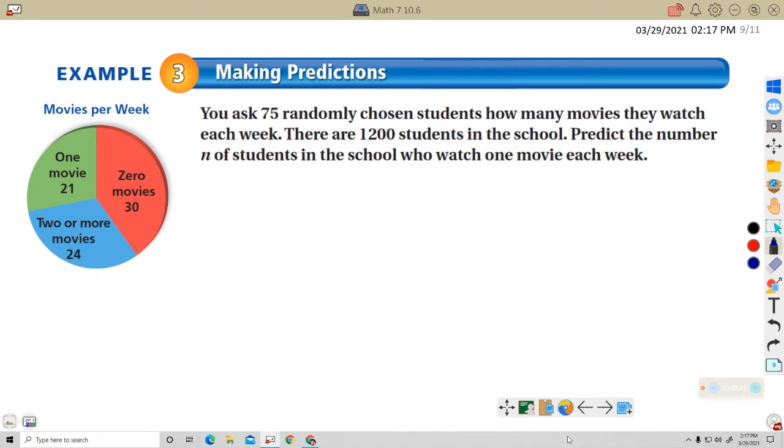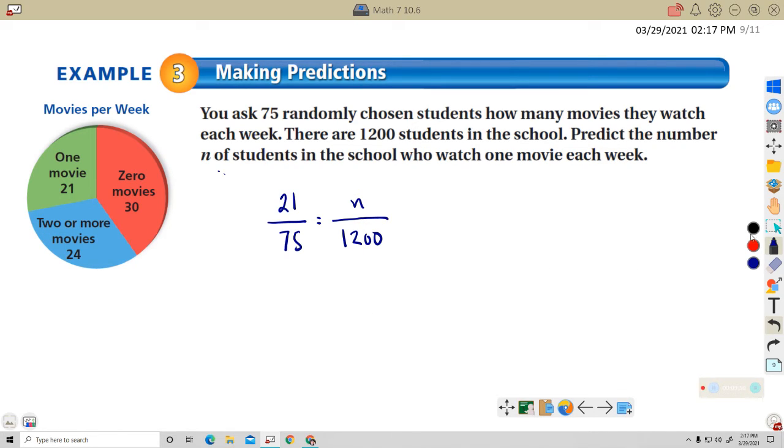Okay, so for this, we're going to revisit our friend, the proportion. So 1 movie, 21 kids out of 75. We're going to set that equal to N over 1,200, the total number of students in the school.